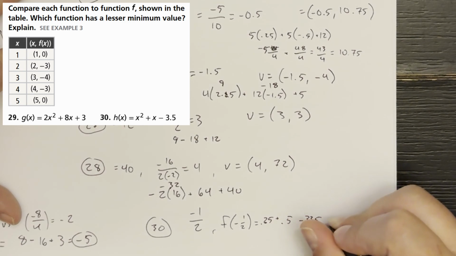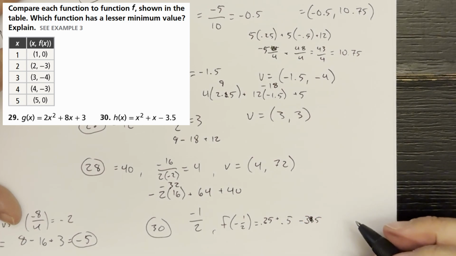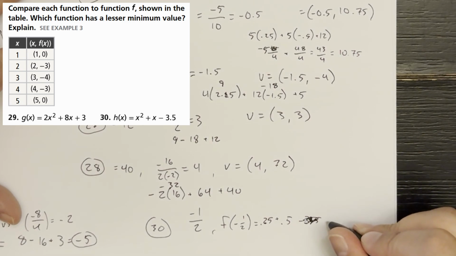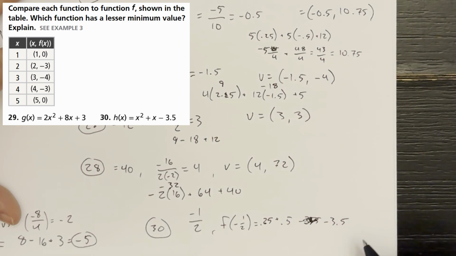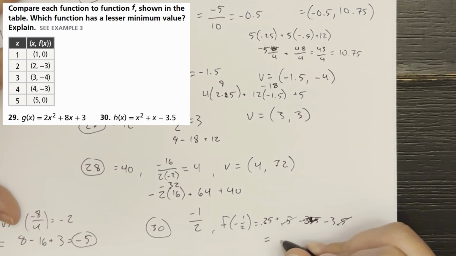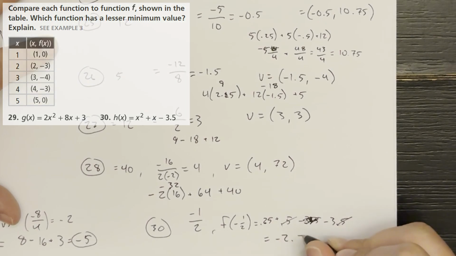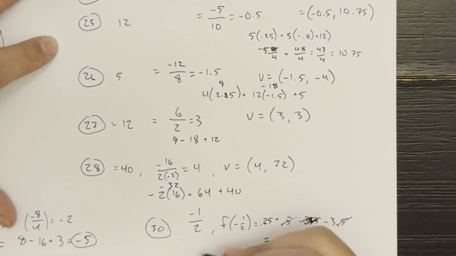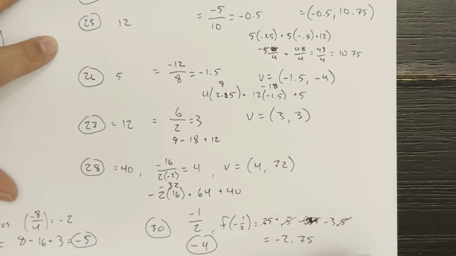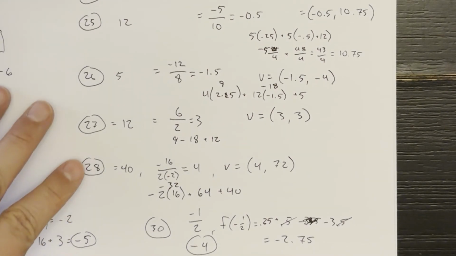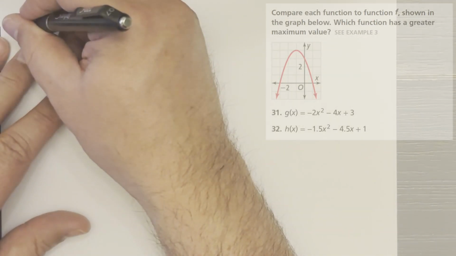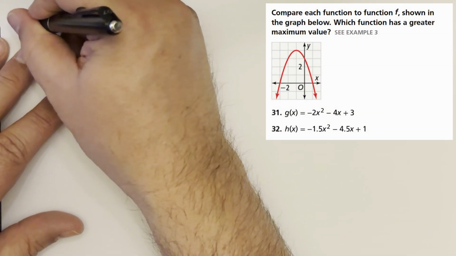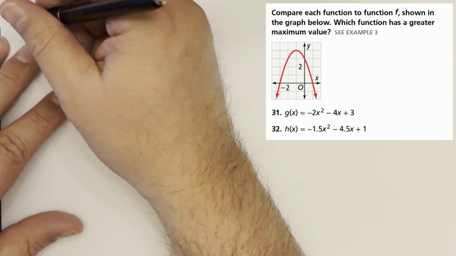So negative 0.5 squared is 0.25. Shoot, did I do that wrong? It's negative 0.25 minus 0.5 minus 3.5. It's 3.75, but the net result is the negative 4 has a lesser minimum.